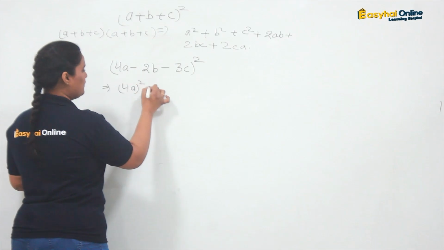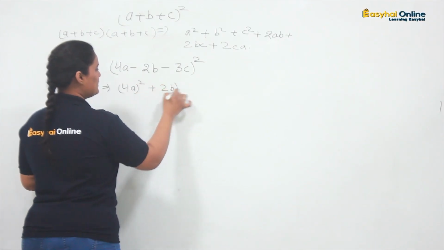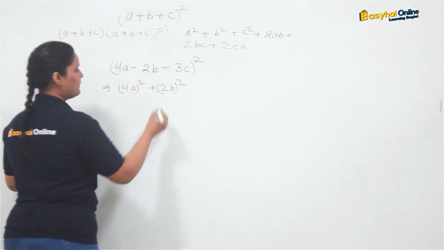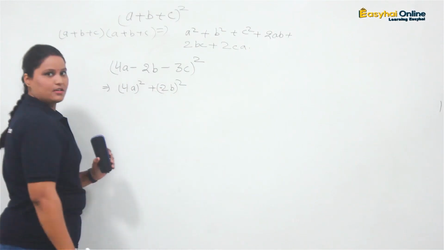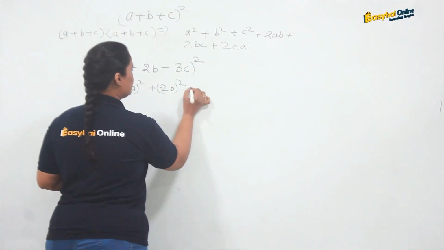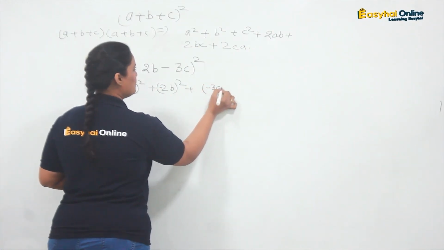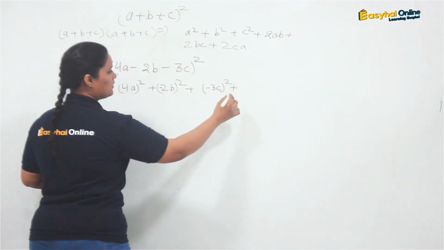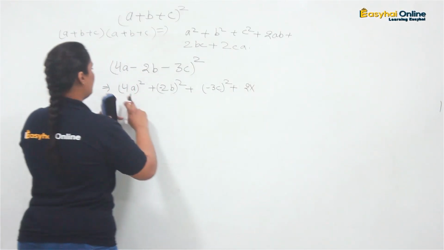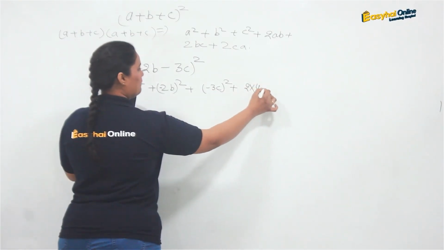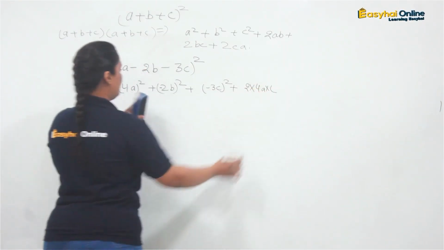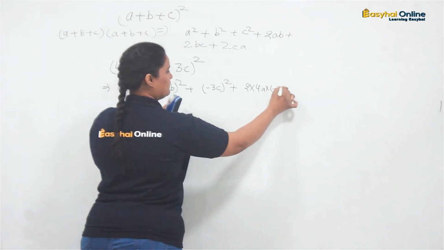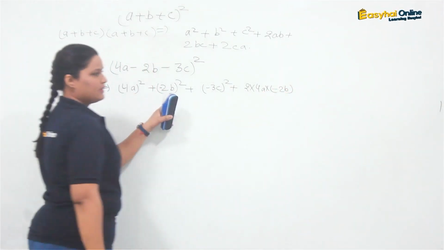(4a) whole square plus (2b) whole square. As it is a minus term, we can put minus. (3c) whole square. Okay, plus 2 into 4a into minus 2b. Is that clear?